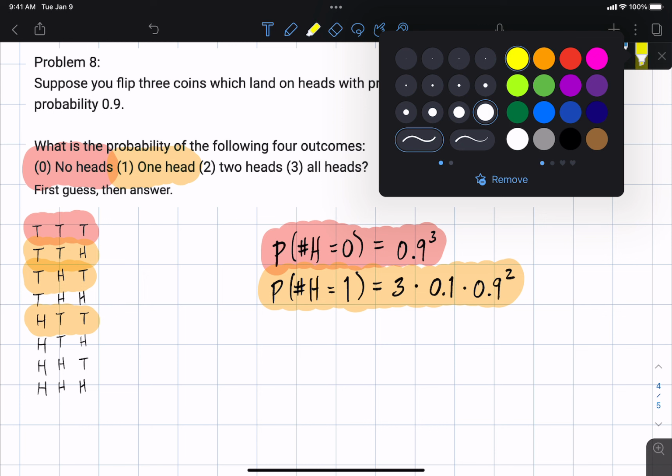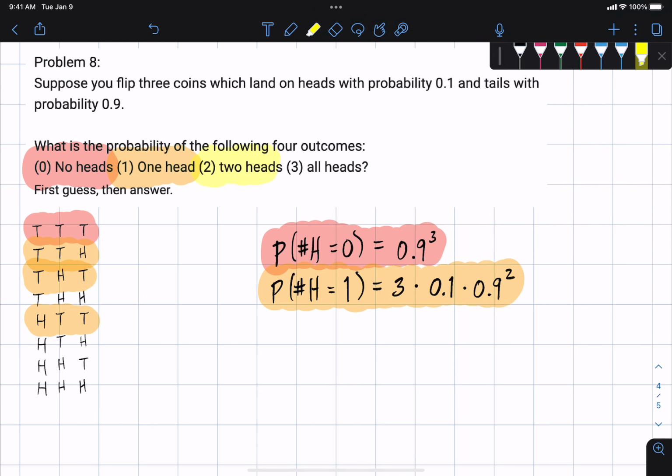Okay, play that game once more with our 2 heads. Those are these 2 options. Probability of the number of heads being equal to 2 is also going to have 3 options, except for now we have 2 of the heads, which each occur with probability 0.1, times 0.9.